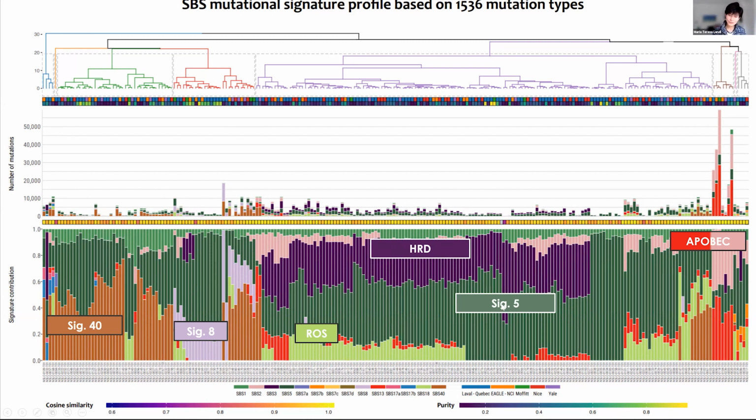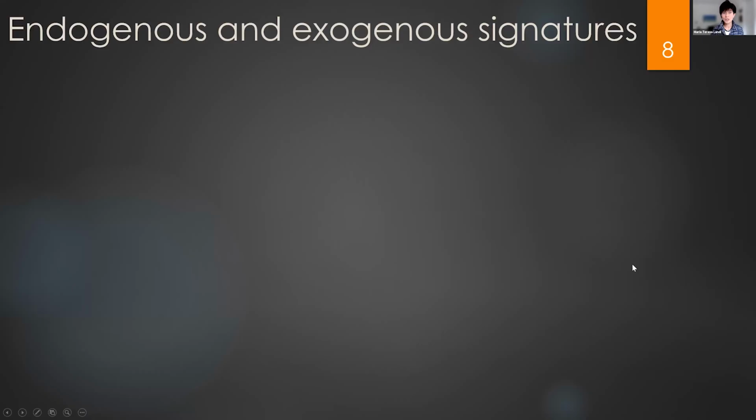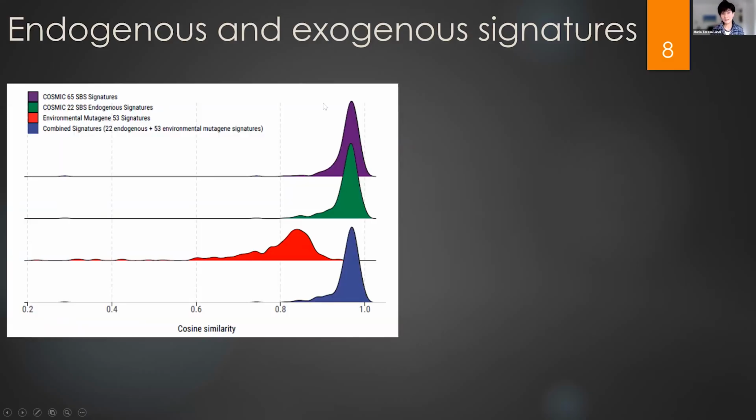So we wanted to see whether endogenous versus exogenous processes can better explain these mutational patterns if we exclude the unknown signatures. We looked at the entire COSMIC signatures and then extracted those with endogenous processes.